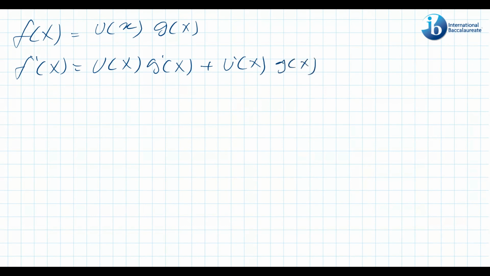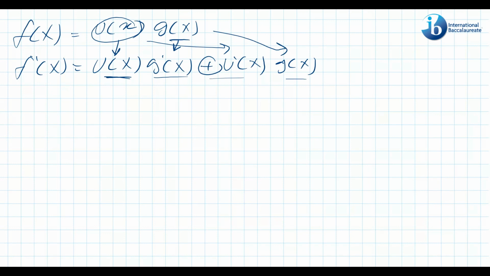Like the first as it is, and then differentiate the second, plus differentiate the first, after that put the second as it is. Once with g, once with u. Got this part? Yeah. This is the product rule.